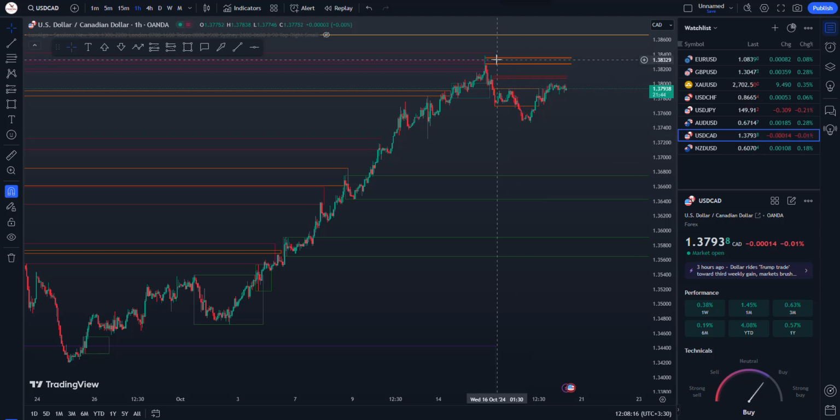In USD CAD, price reached that level, making some low. This swap of it is created but doesn't reach the true level, and this one is back to the origin of that.